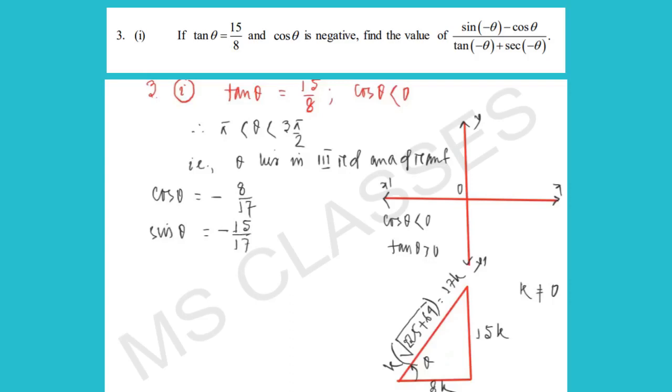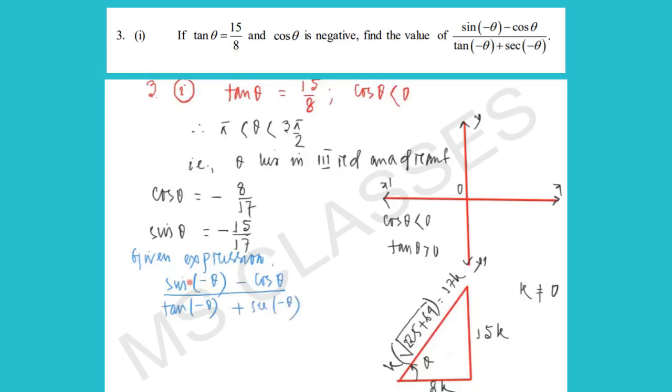Okay. Now the given expression. In this case, the given expression is sine of minus theta minus cos theta, whole divided by tan of minus theta plus sec of minus theta.